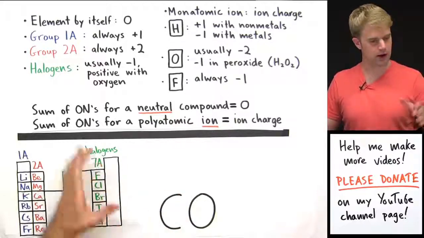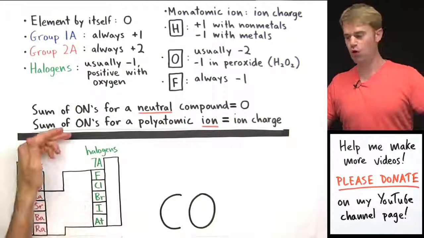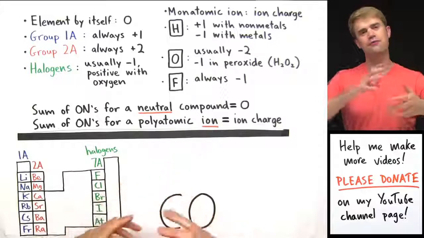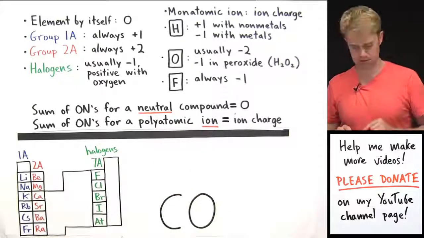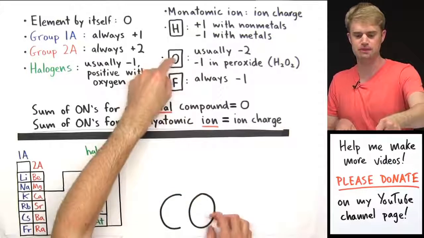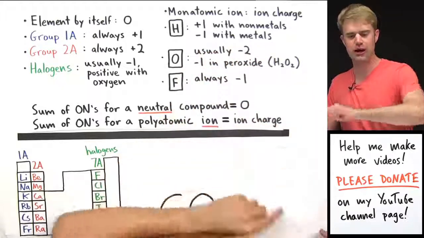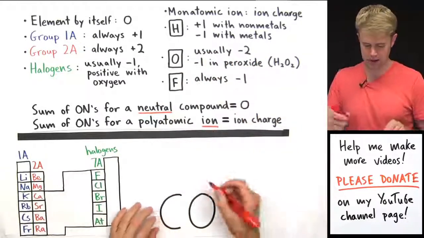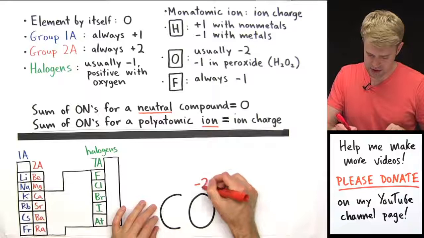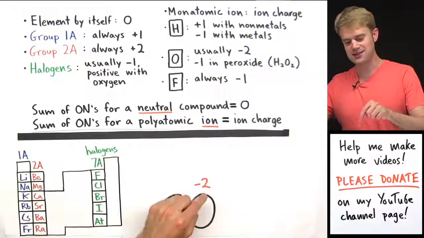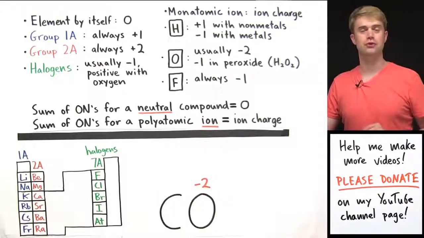CO, carbon monoxide. Let's figure this one out. Okay, so C here, there isn't any rule for carbon. So we'll have to figure it out based on what we do know. We do know oxygen. Oxygen is usually -2 unless we're in a peroxide, definitely not a peroxide. So we can safely say that oxygen's oxidation number is -2.